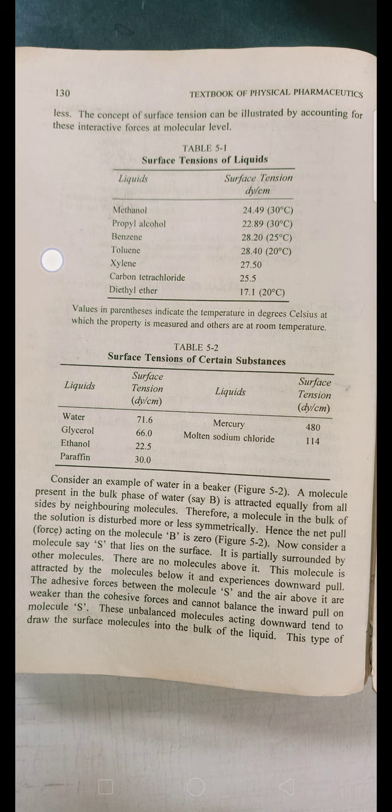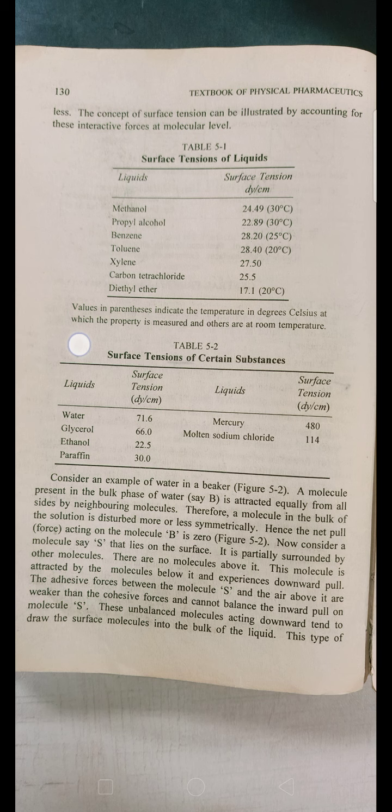Practically, how is it written? 72 dynes per centimeter. See the surface tension of mercury, how high it is, 480 dynes. So these are the liquids. Sometimes we have to remember this. Now take a practical session to understand the concept of surface tension. Take water in a beaker.